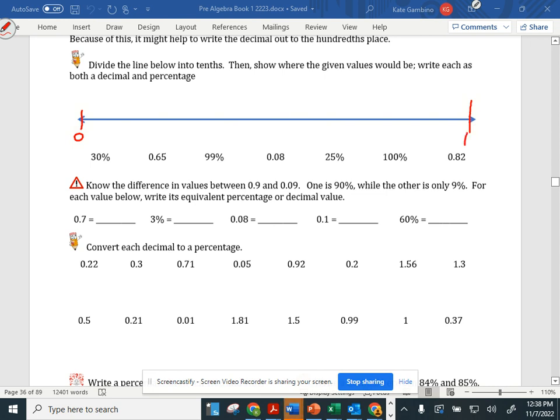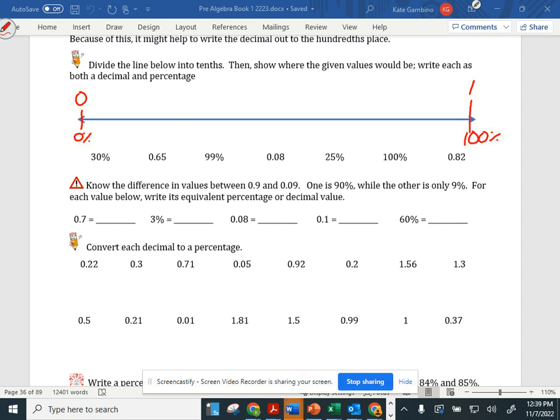Here would be, so this is 0%. This would be 100%. Up here, if I looked at it like a number line, that would be 0 to 1. Right? Because 100% is one whole. So 100% of the pizza is one whole pizza.